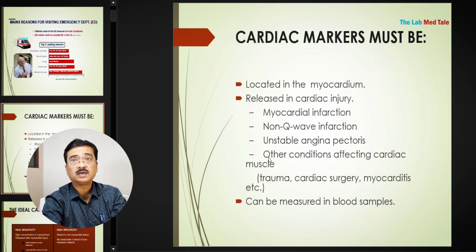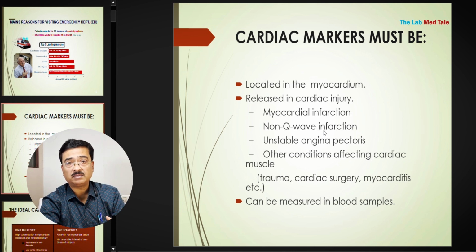The cardiac marker must be something which is located in the myocardial tissue and released in case of a cardiac injury. That may be myocardial infarction, non-Q wave infarction, unstable angina, or other things like trauma or cardiac surgery. But the major and basic criterion is that the marker has to be located in the myocardium.